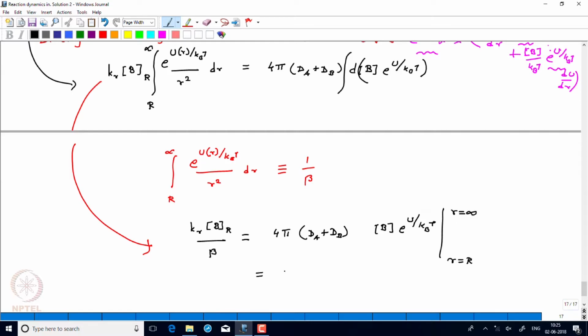Now we can easily figure out dA plus dB.